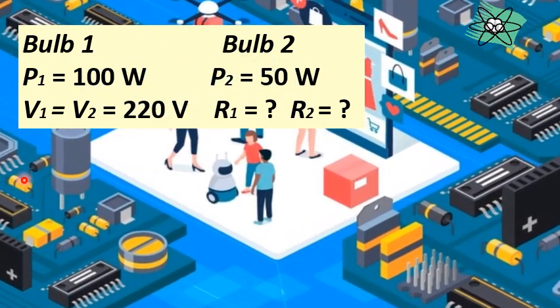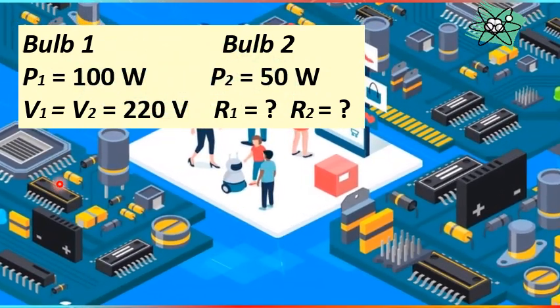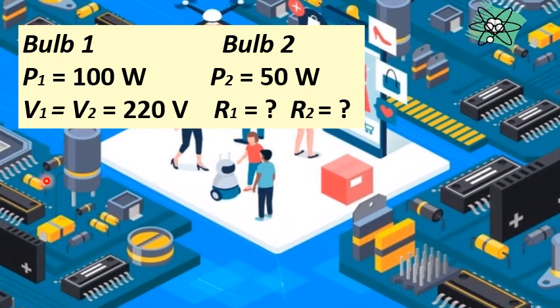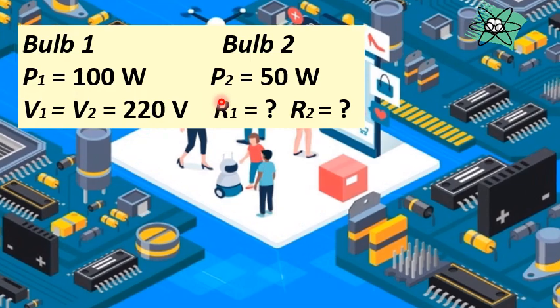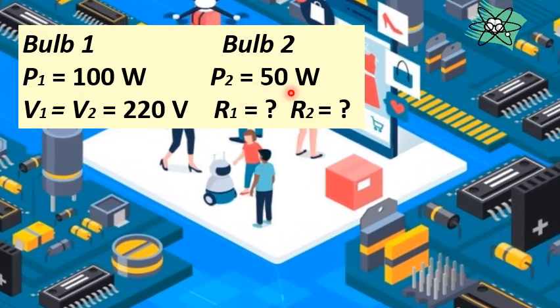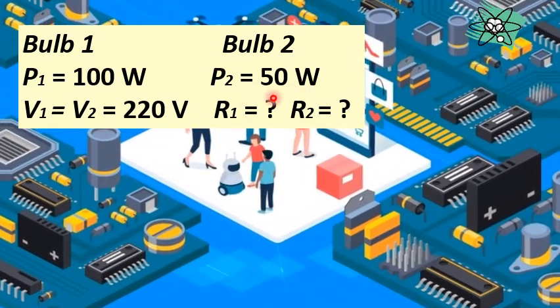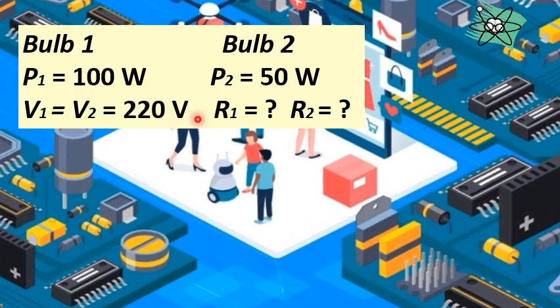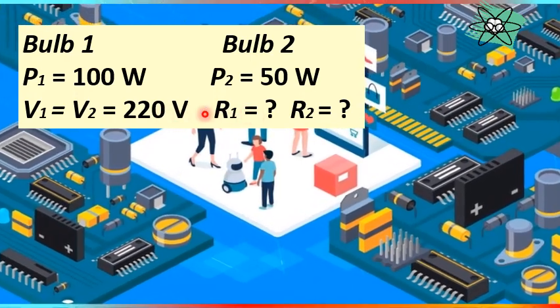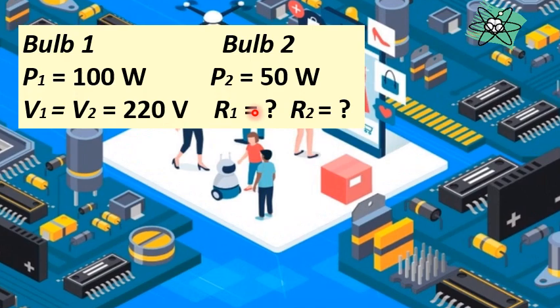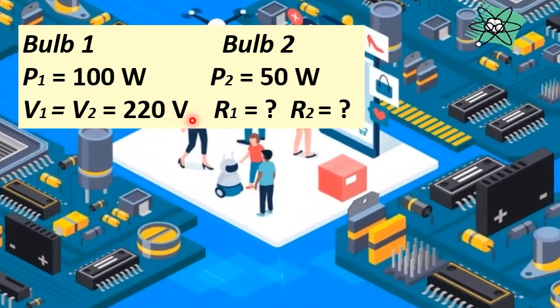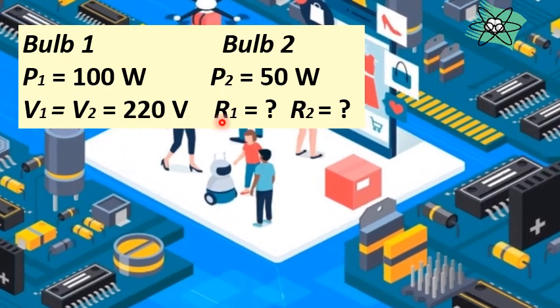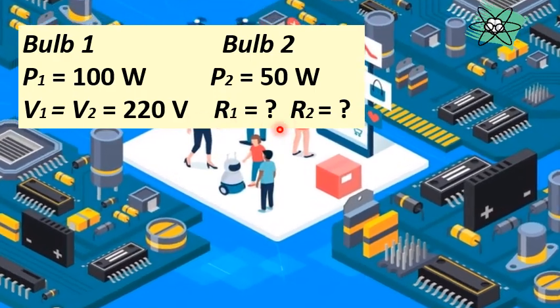So, bulb 1 has a power rating or wattage rating of 100 watts, while bulb 2 has 50 watts. We assume that each bulb, when wired across the main outlet, will have a potential of 220 volts. This is the RMS voltage here in the Philippines.